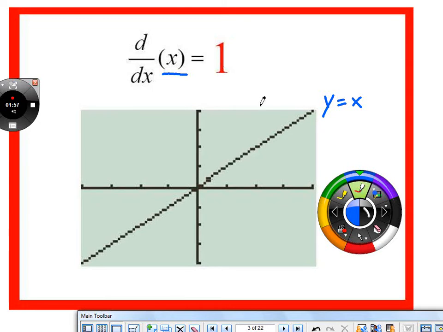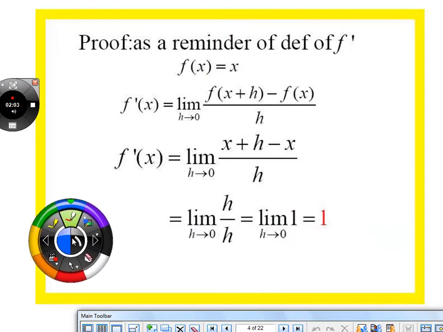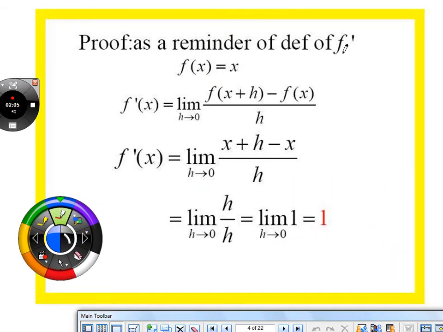So you just remember that every time you find the derivative of x, that's equal to 1. And this is just if you care about proving it, that the derivative of x is equal to 1 using the actual definition of a limit, one of the two that we learned, but not a big deal.